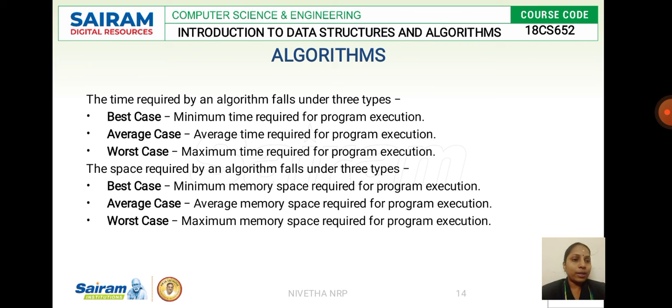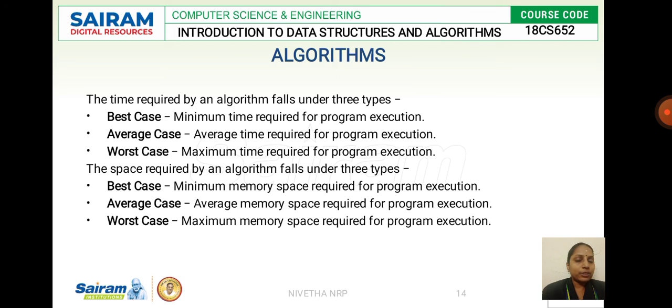How do you analyze an algorithm? You say your algorithm is best when it has the best case in space complexity and the best case in time complexity. So what is the best case in time complexity? When it is consuming minimum time.